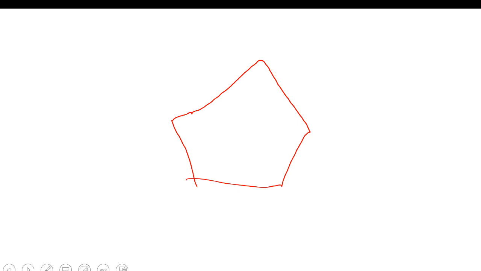Whenever you're given a figure, let's say we have a pentagon. Let's say we have a regular pentagon.